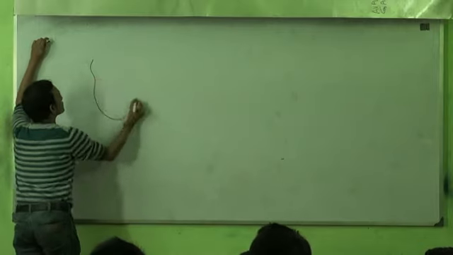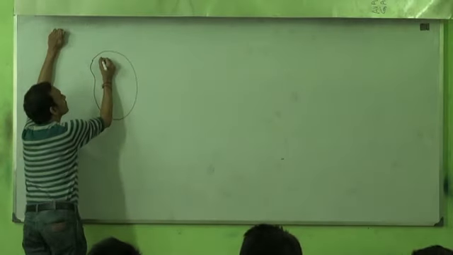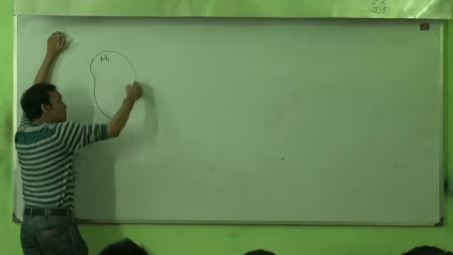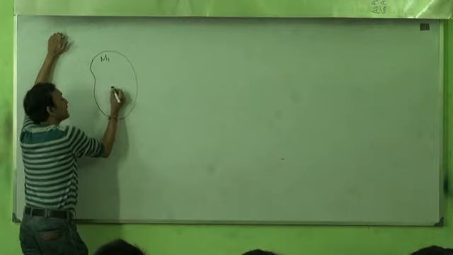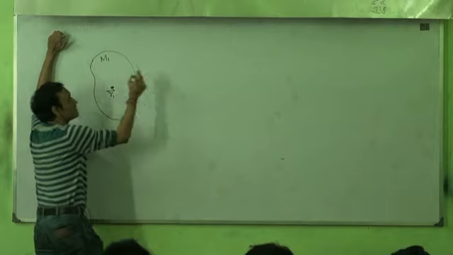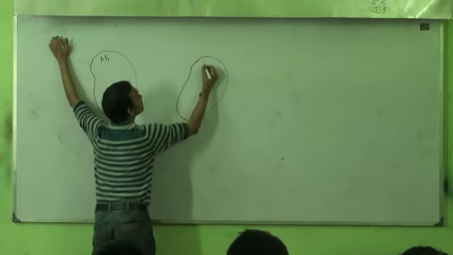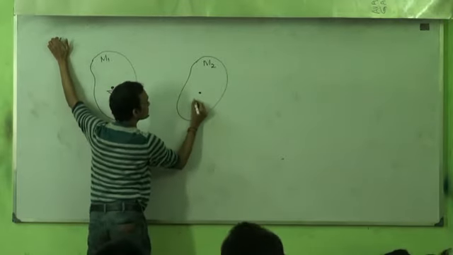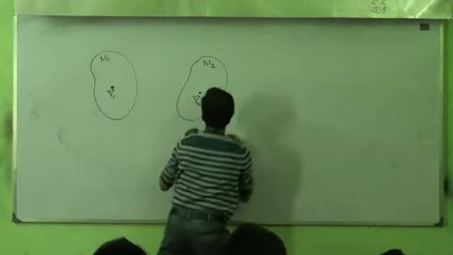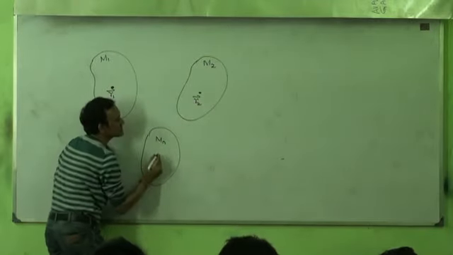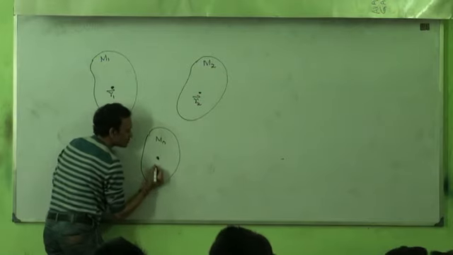Let's say this is a continuous system of mass m1, and the center of mass of the system is located at some r1. Another continuous system of mass m2 has its own center of mass at r2. Similarly, a mass mn, and the center of mass of this unit is rn.